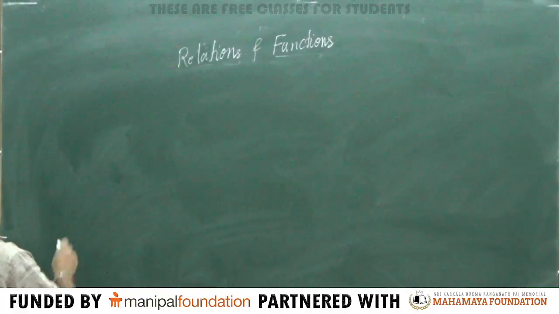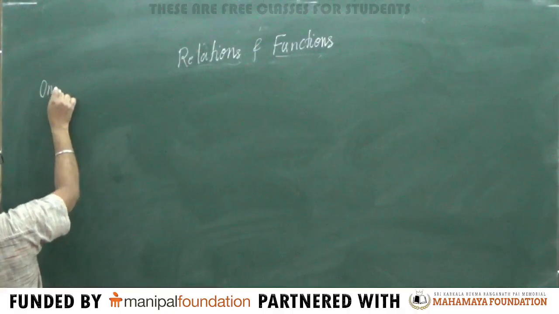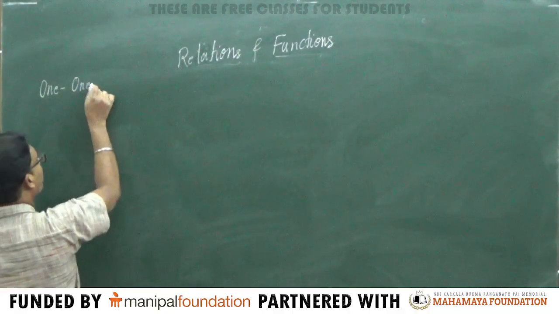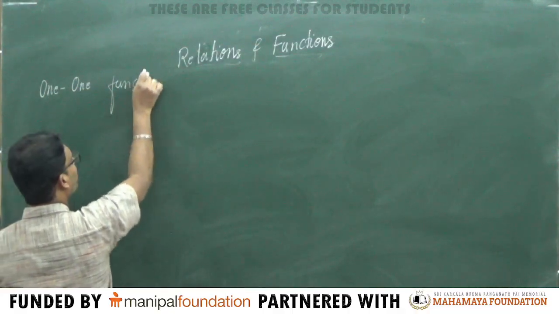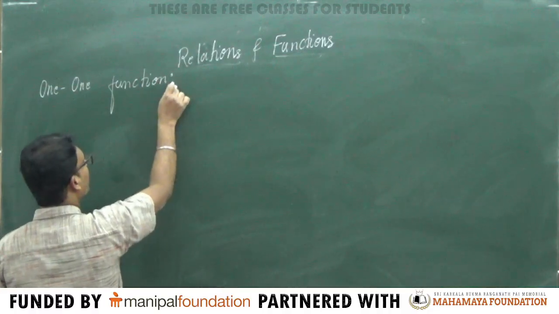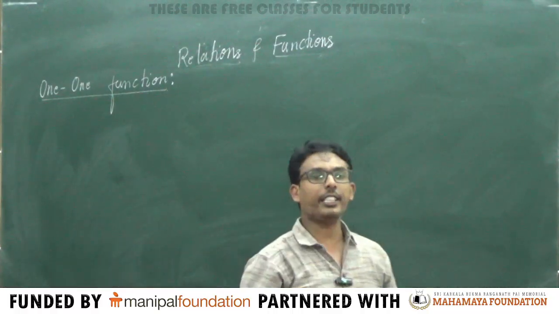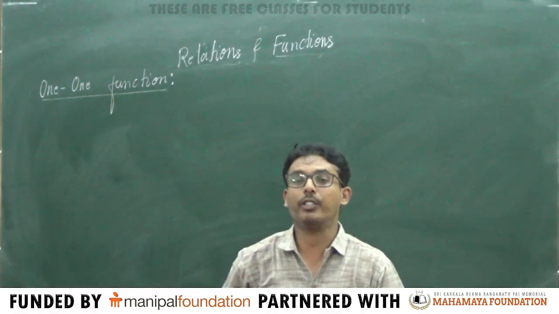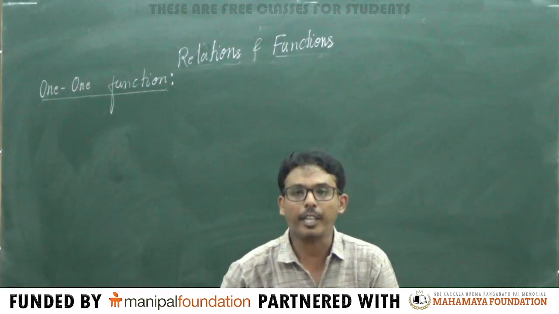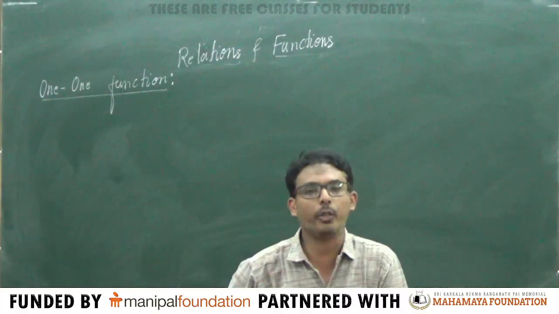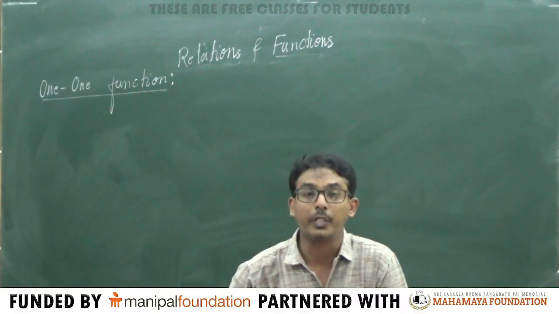Among that, the first one is one-one function. One-one function means distinct elements of the domain set have distinct images. Whenever you give different input values, the output values are also distinct.